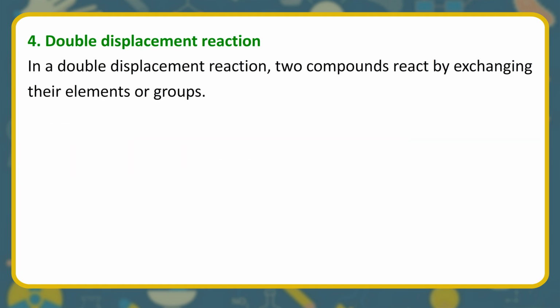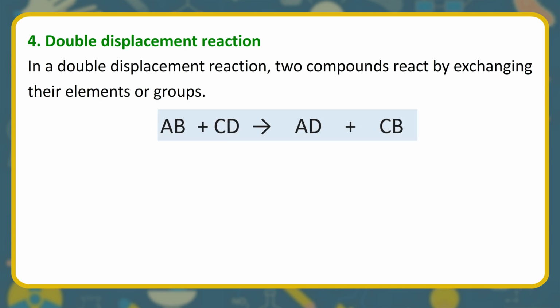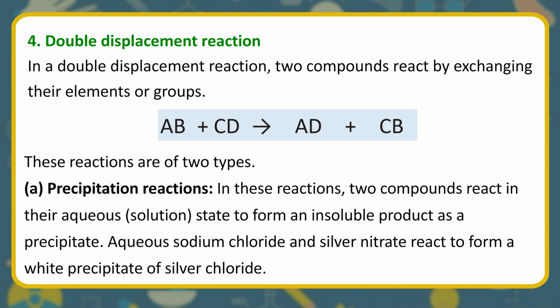4. Double displacement reaction. In a double displacement reaction, two compounds react by exchanging their elements or groups. AB plus CD gives AD plus CB. These reactions are of two types. A. Precipitation reactions. In these reactions, two compounds react in their aqueous solution state to form an insoluble product as a precipitate.